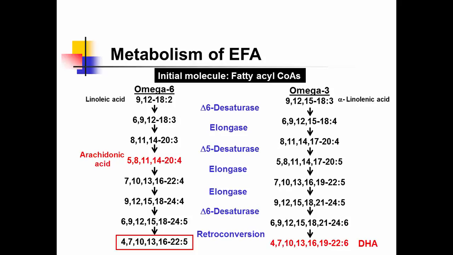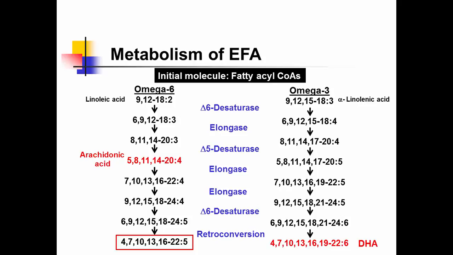So you can see that first of all we need desaturases. Delta 6 and delta 5 desaturases, that our body has, undergo 2 desaturation steps, adding 2 double bonds to the linoleic acid, and then elongases catalyze the extension of the carbon chain, adding 2 carbons to form arachidonic acid.